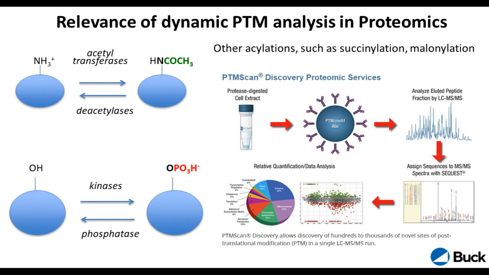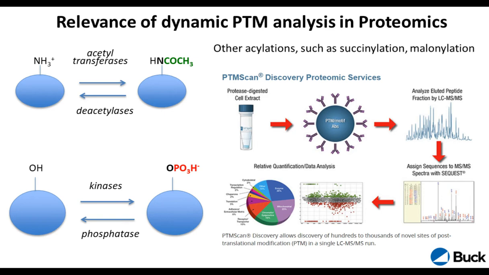And this always reminds me, this is maybe similar to what you see in phosphorylation, where you have kinases and phosphatases. So many projects that we have, in fact, rely on enrichment strategies for PTMs, as the PTM levels often are relatively low when you just look at the lysate itself.